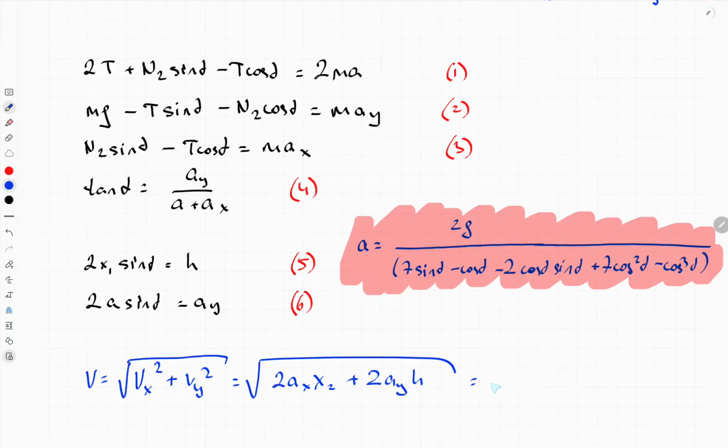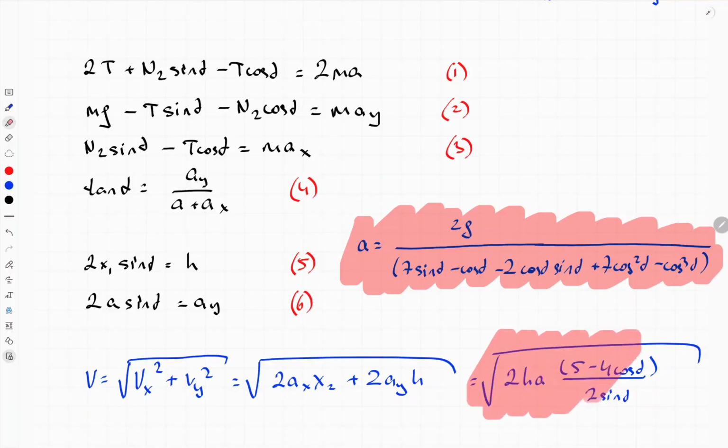At the end, the final answer will be 2ha, here 5 minus 4 cosine alpha over 2 times sine alpha. So a is here, so we need to just substitute, and this should be the final answer. In these problems, the math is a bit long, and you should be very careful.